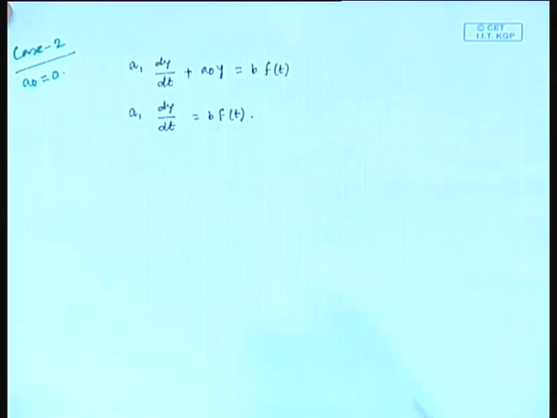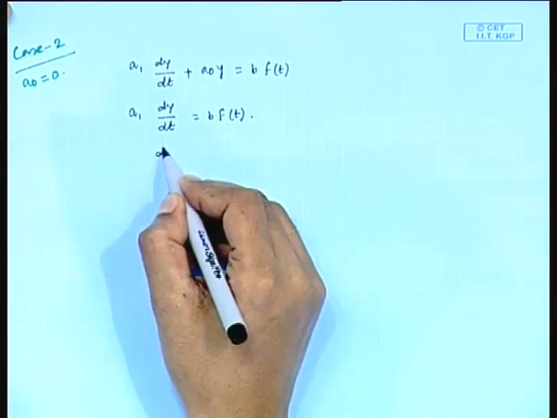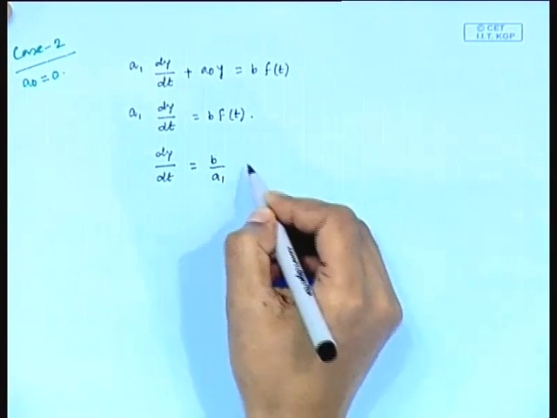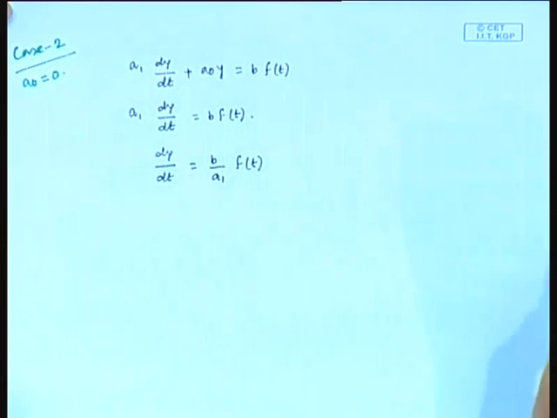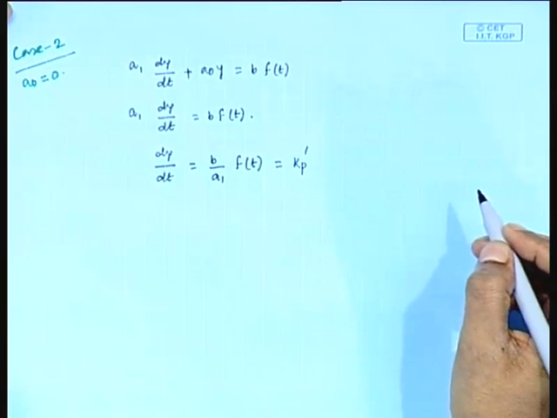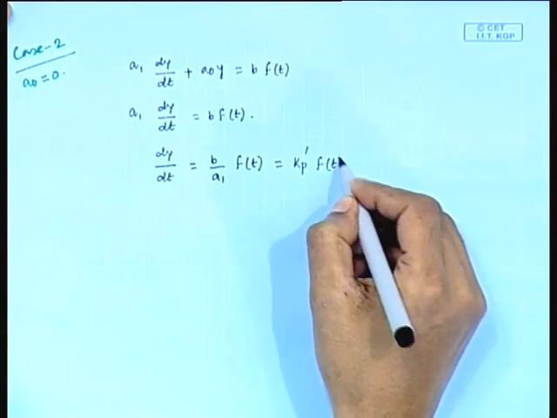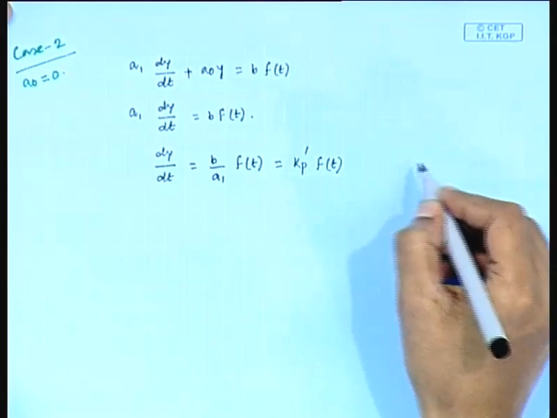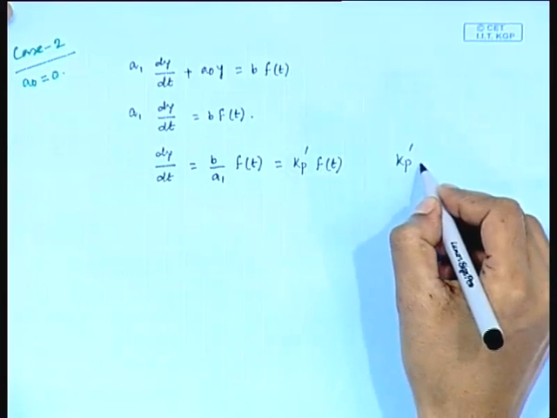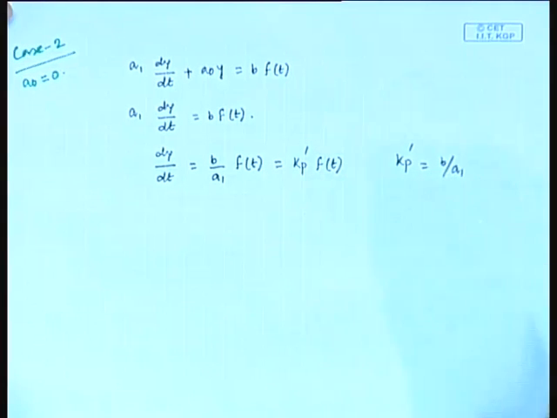Fine. That means dy dt equal to B by A1 f t. This is equal to Kp prime f t. Here gain is represented by Kp prime and that is B by A1.